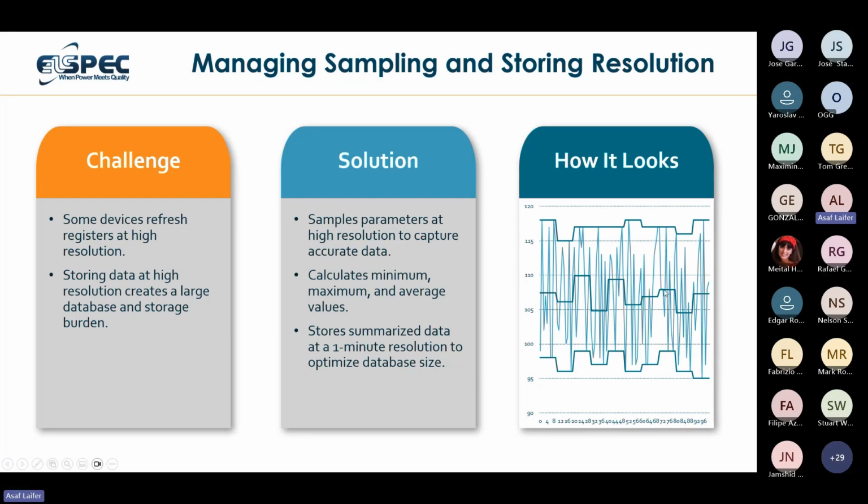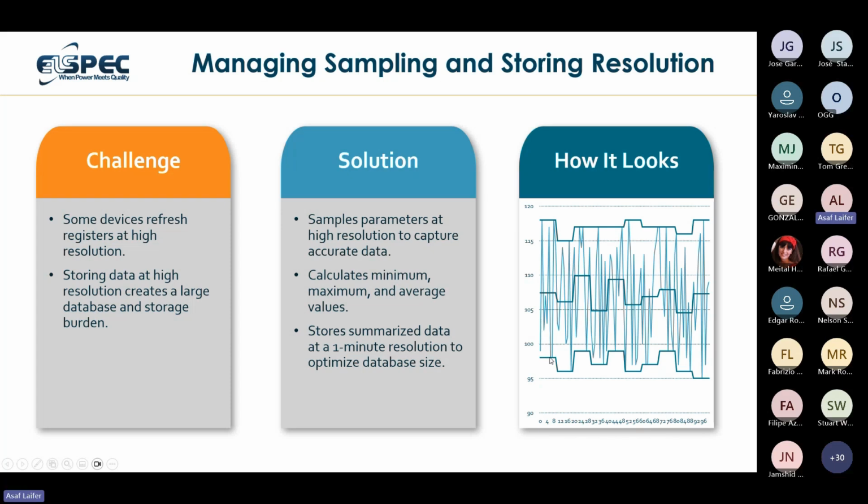So you can see here on the right side in the chart, you have the light blue. This is the actual samples that PQSCADA fetches. But then after a minute, let's say that from here to here you have 1 minute, PQSCADA will calculate the maximum, average, and minimum value.